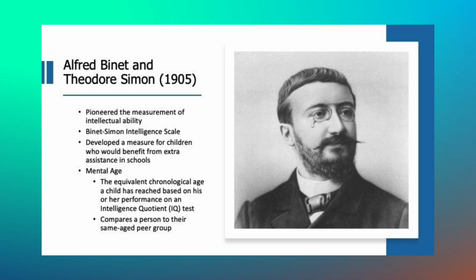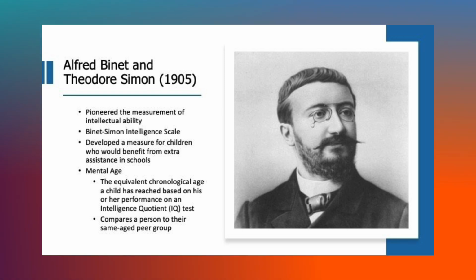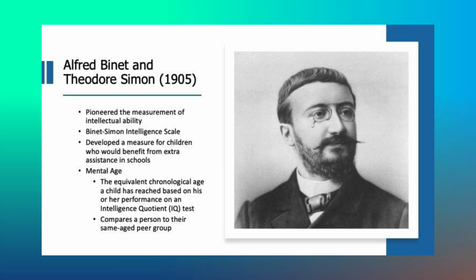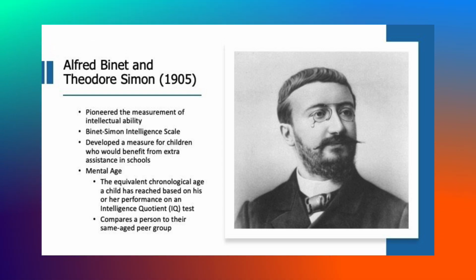So there's chronological age, which is the child's actual age. But mental age is the equivalent chronological age that a child reaches based on his performance on the intelligence test. They developed the intelligence test, Alfred Binet and Theodore Simon.